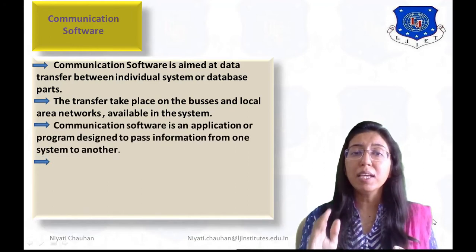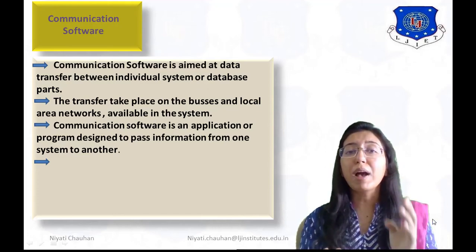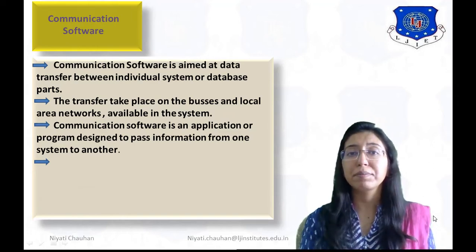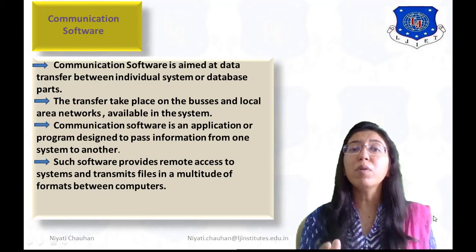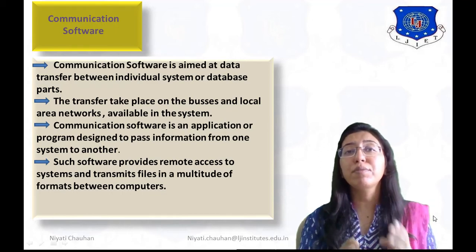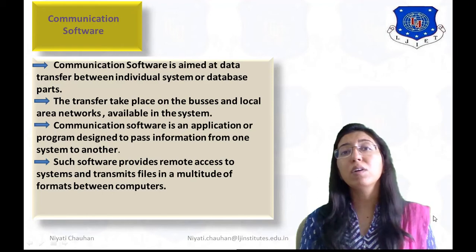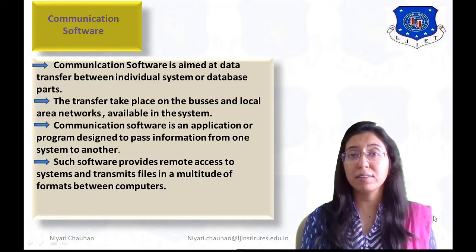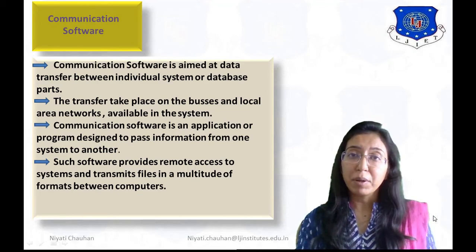Communication software is an application or program designed to pass information from one system to another. Such software provides remote access to a system and transmits files in a multitude of formats between computers. Some software provides remote access for communication purposes.